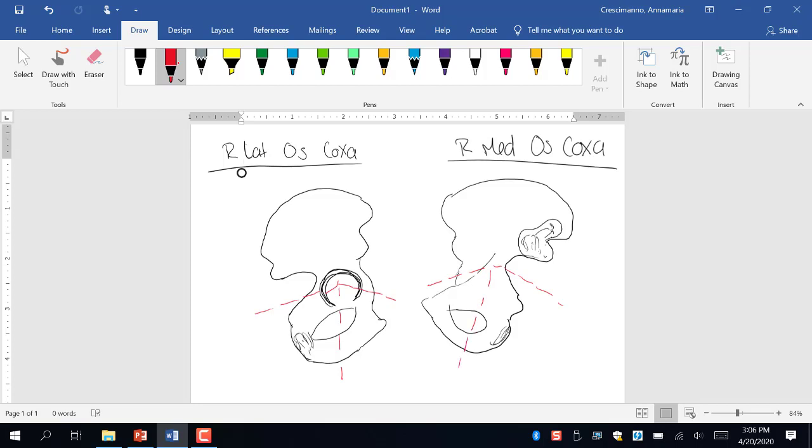Okay, everything I write in purple will be a feature of the ilium. So you can see the ilium from lateral and medial. Everything I write in pink will be a feature of the ischium, sometimes pronounced ischium. And then everything I write in green will be part of the pubis.